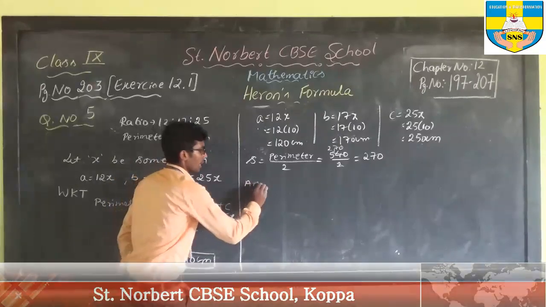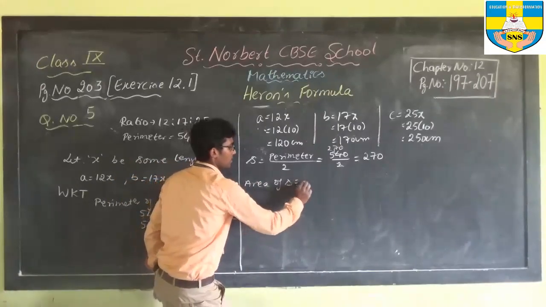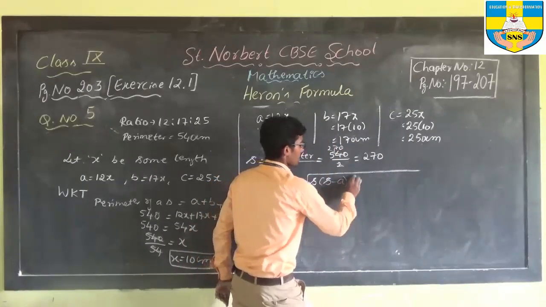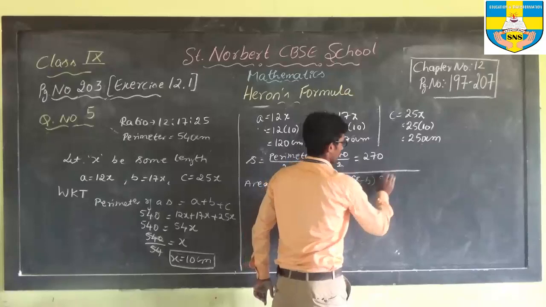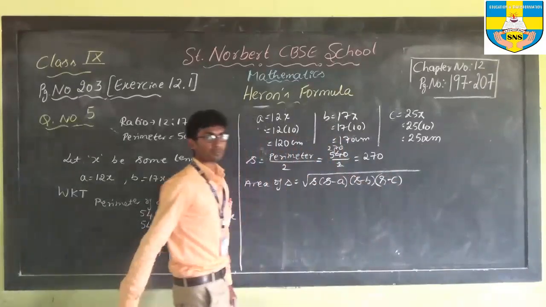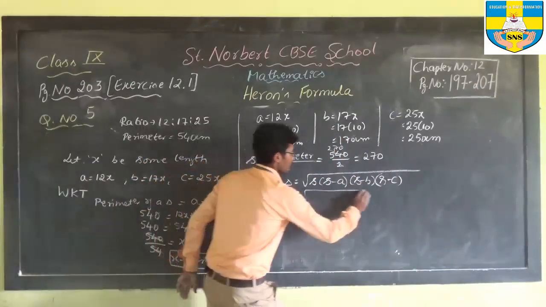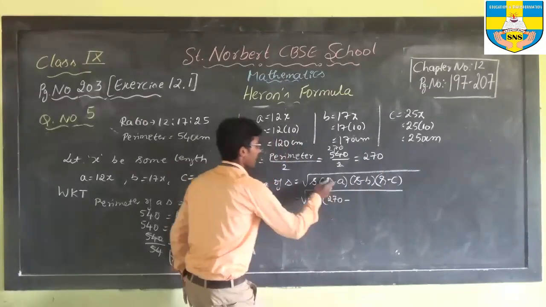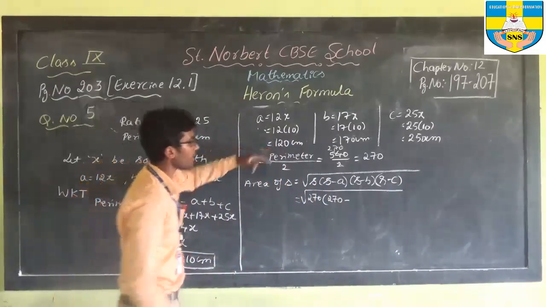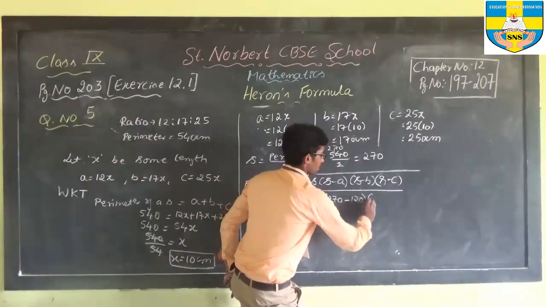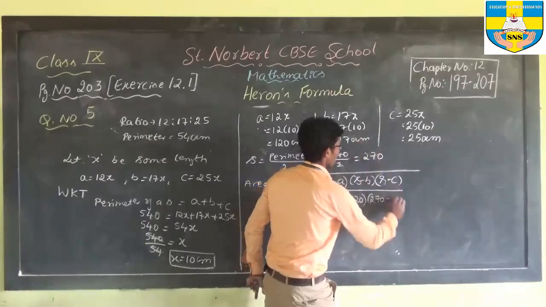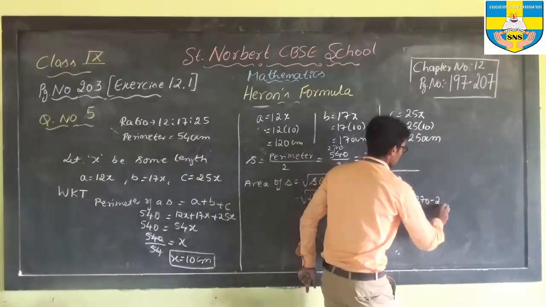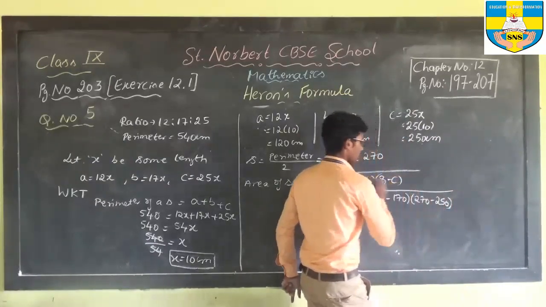Now the area of the triangle is equal to the square root of S into S minus A, S minus B, S minus C. What is S? 270. 270 minus A. A is not 12, A should be 120. 270 minus 170. 270 minus 250.